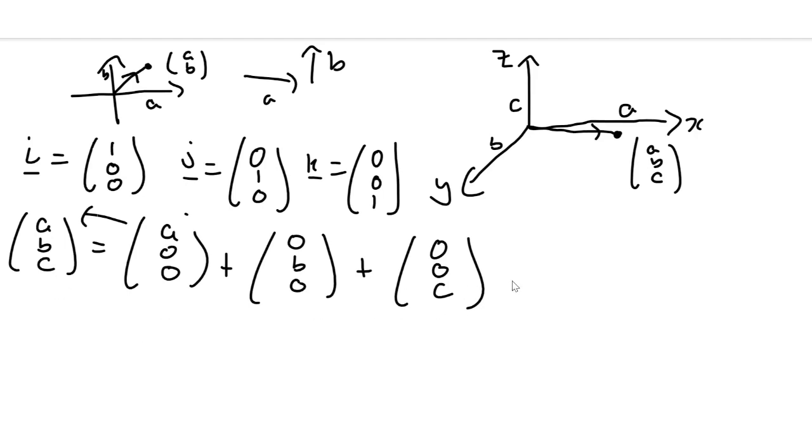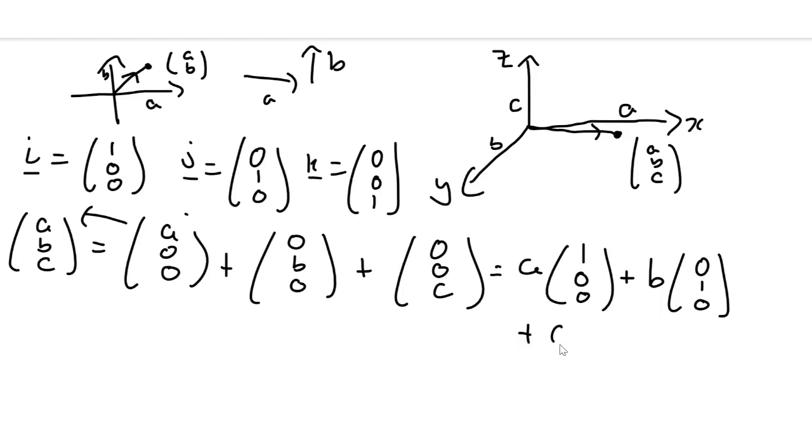And now another nice thing about vectors, we can take out scalar multiples. So this is equal to A(1, 0, 0) plus B(0, 1, 0) plus C(0, 0, 1). Because A times 1 is A, and A times 0, 0 is still 0, 0, so that's still the same vector.